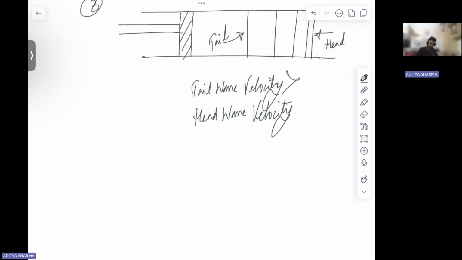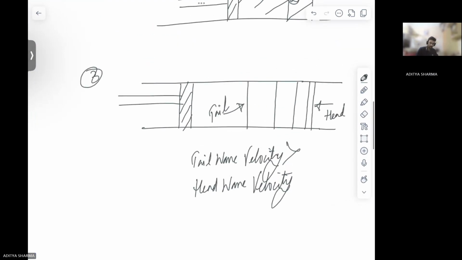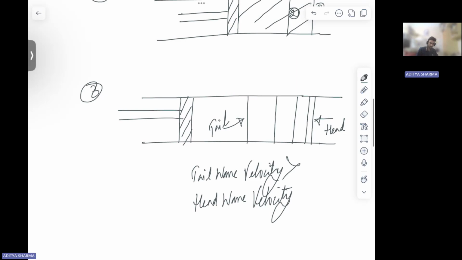Now if you see, because I'm saying the velocity of the tail wave will be greater than the velocity of the head wave, right?